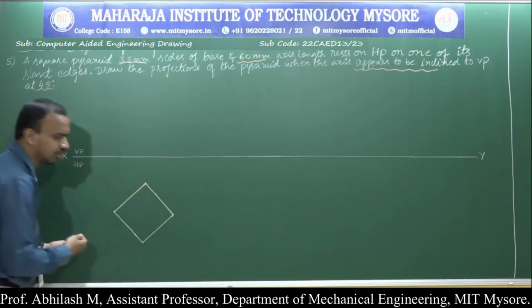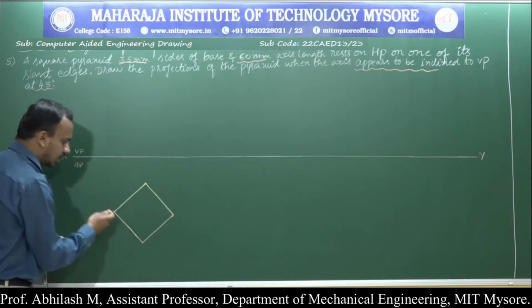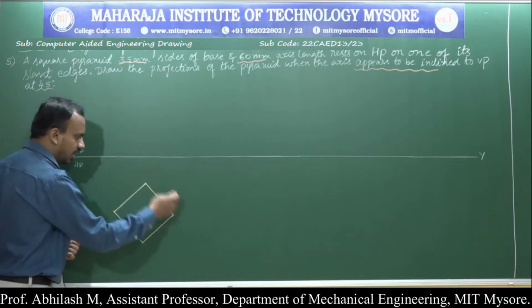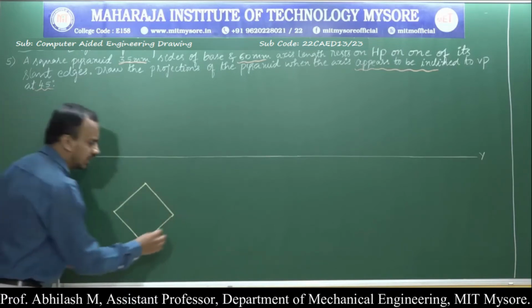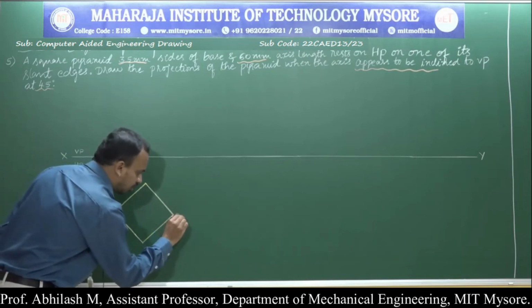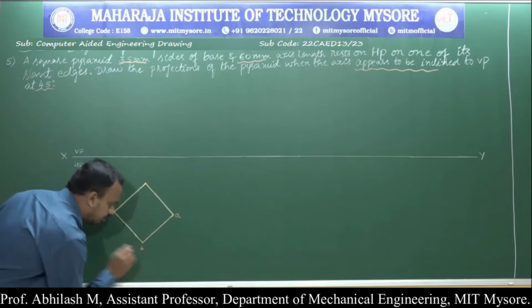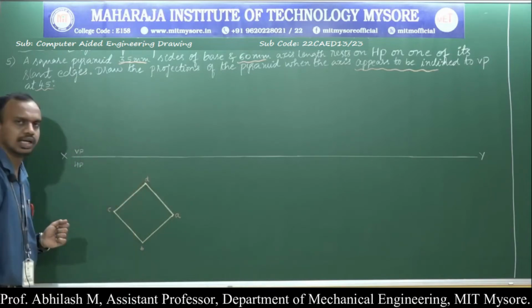You can start from any of the corners. You can begin from here. You can call it as A, B, C and D, or you can call it from here itself A, B, C and D. Whichever corner you wish to start, you can start with. I will begin from here itself. So I am going to call this particular corner as A. This is my B corner, C and D.